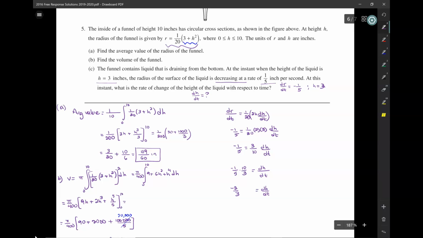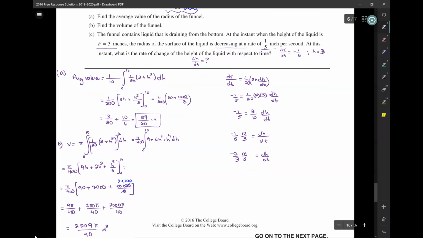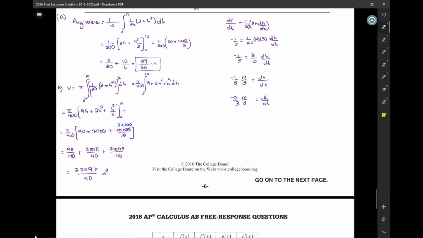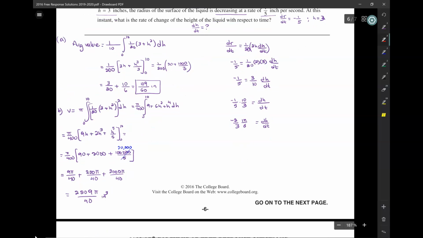Inches squared? I have a height over time, huh? Inches per second. Okay. So dh/dt, forget about the d's, it's height over time, inches over seconds. All right.